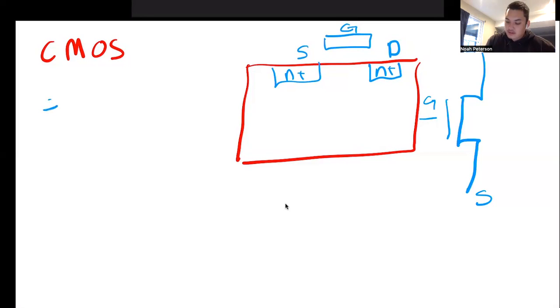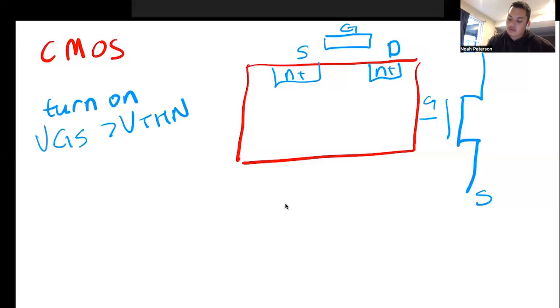In order to turn on the device, you need to have VGS greater than VTHN, which is just the threshold voltage of this device.